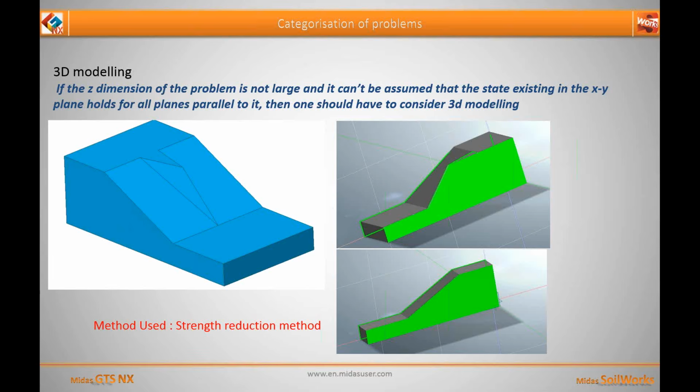So if you consider two different planes, both will give you different factors of safety. So in such cases, you can't go for 2D modeling. And for 3D modeling, the method which can be used is the strength reduction method or the finite element method. So this is basically how we categorize the geotechnical problems whenever it comes to slope stability.